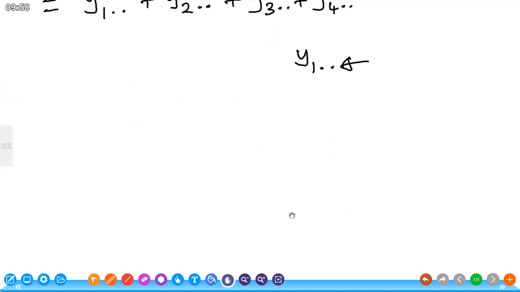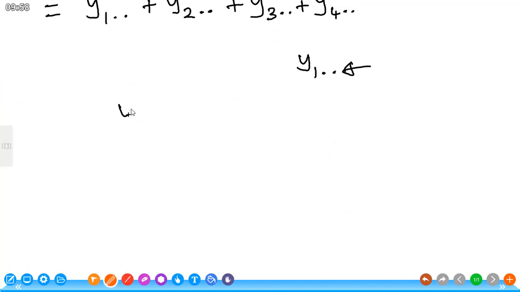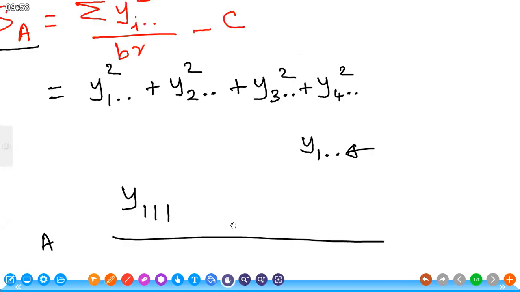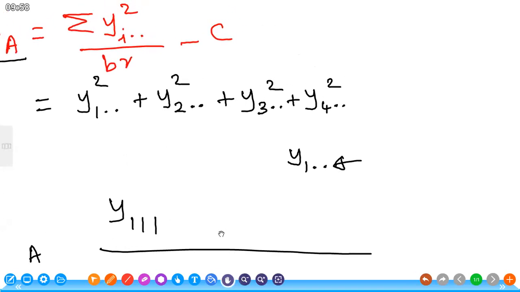For example, look at here, y11. So this is factor A, right? You have to tell precisely: adding all the observations on factor A's first level.